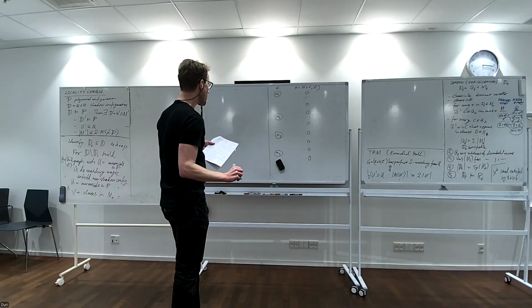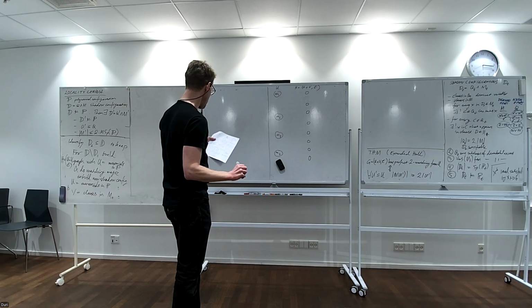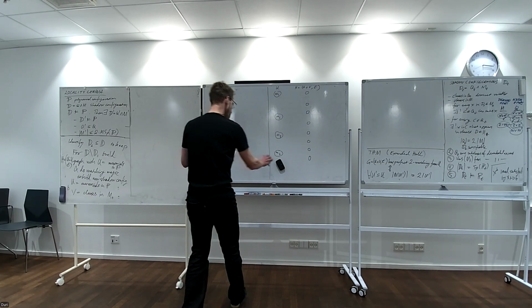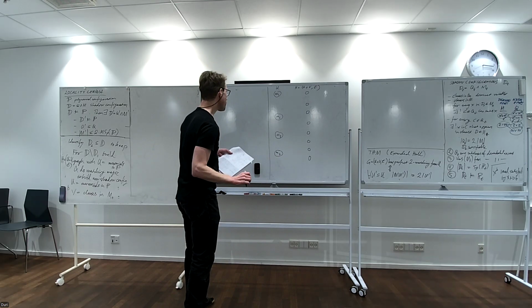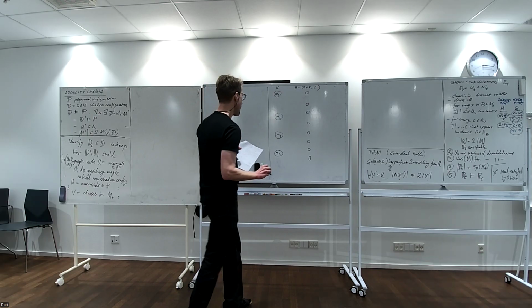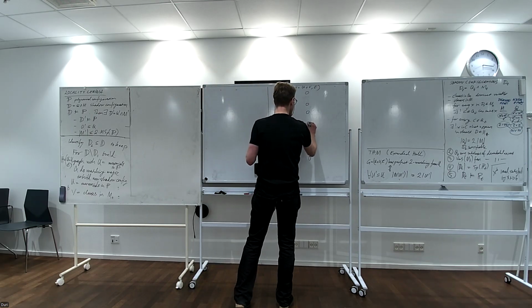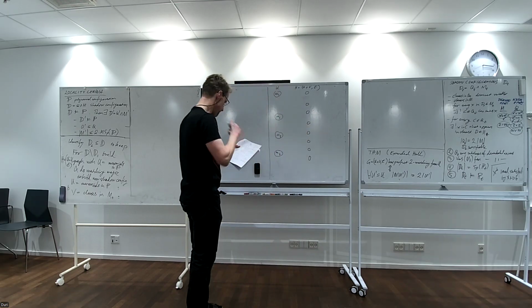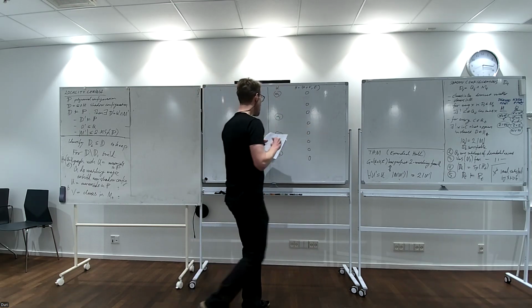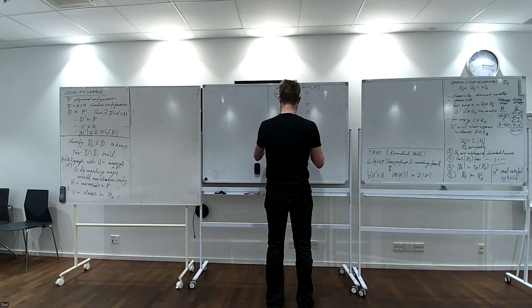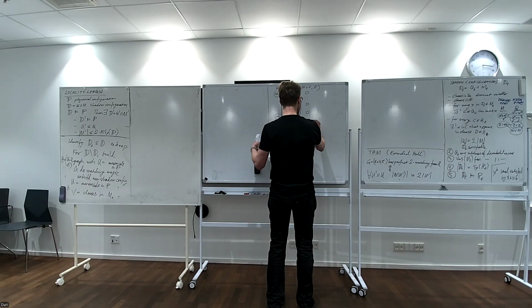And now I need to tell you what I'm going to do about the edges. And let me say that this is the clause CM. Let me say that that is X prime or Y or Z prime.